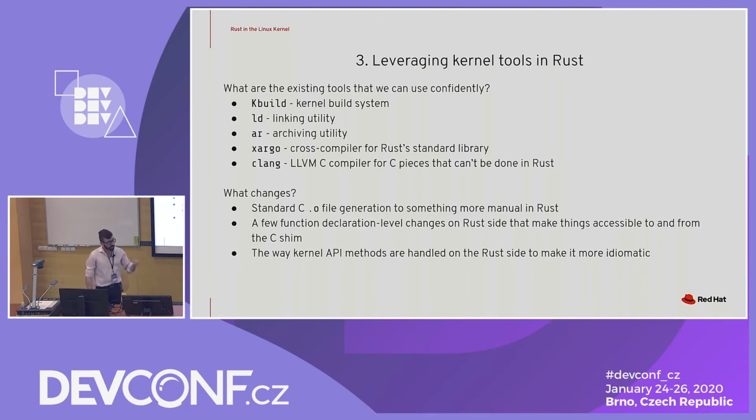So what changes? Well, we're going to have to do something a little bit more manual to create our object files. And we'll have to do a few function declaration level changes on the Rust side. The way the kernel API methods are handled on the Rust side will also have to change.